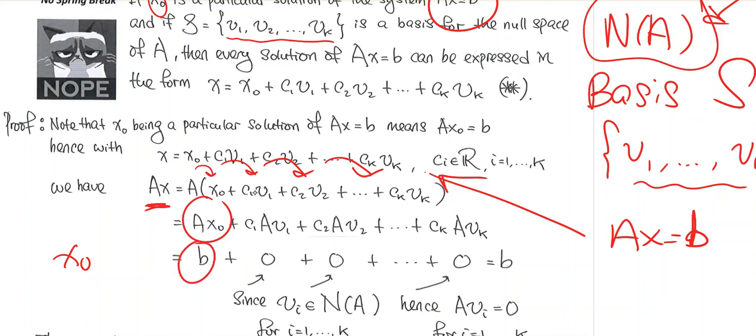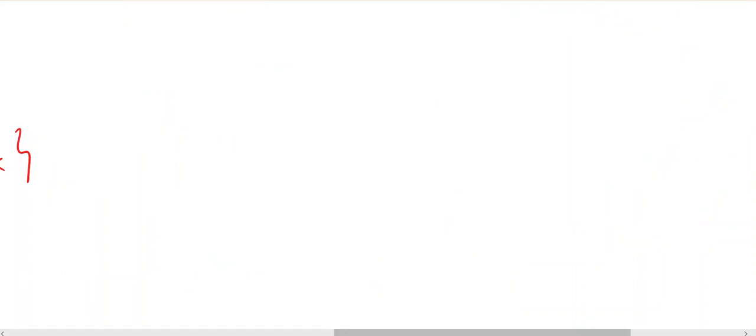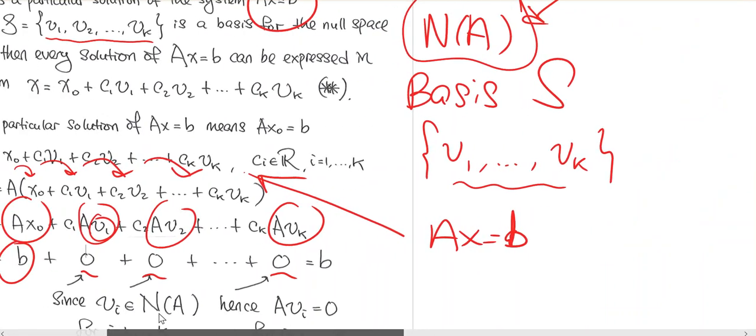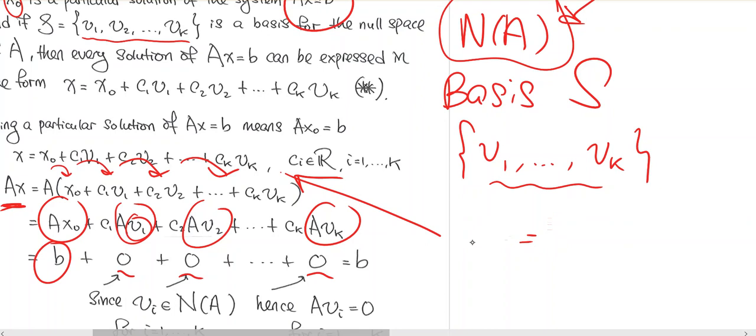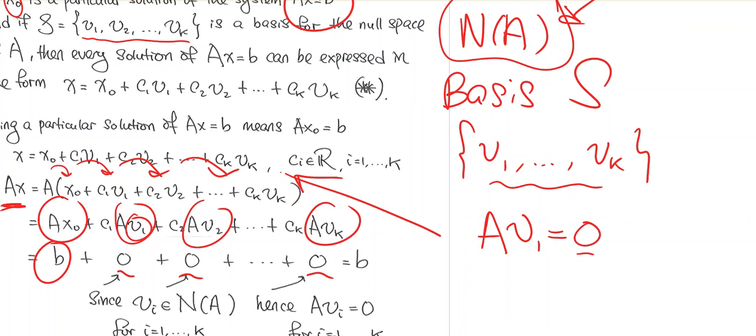And then you can take the constant C1 out, and you have AV1, AV2, all the way to AVk. Now, this will give you 0. These are the 0 vectors. Why is that? These are basis vectors from the null space of A, which means AV must be 0, because the null space of A consists of all the vectors that do this.